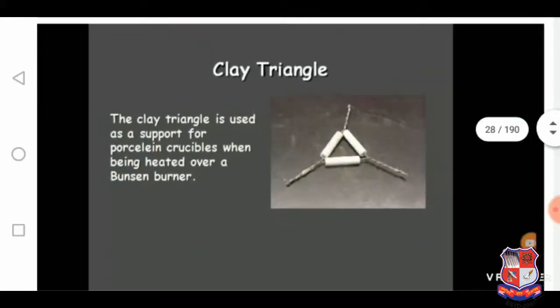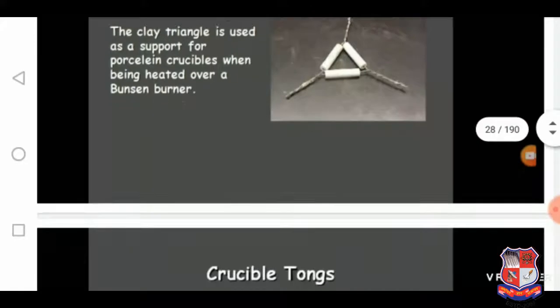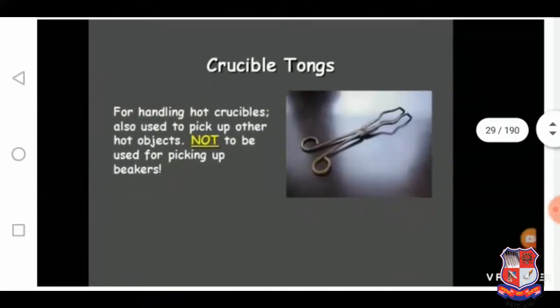Clay triangle is used as a support for porcelain crucibles when being heated over a Bunsen burner. Crucible tongs are generally used to pick up other hot objects, not to be used for picking up beakers.